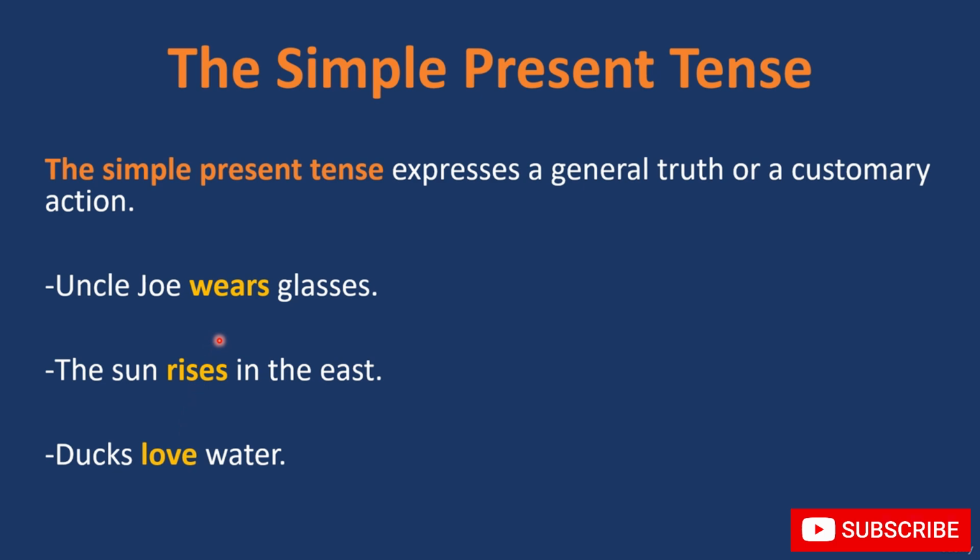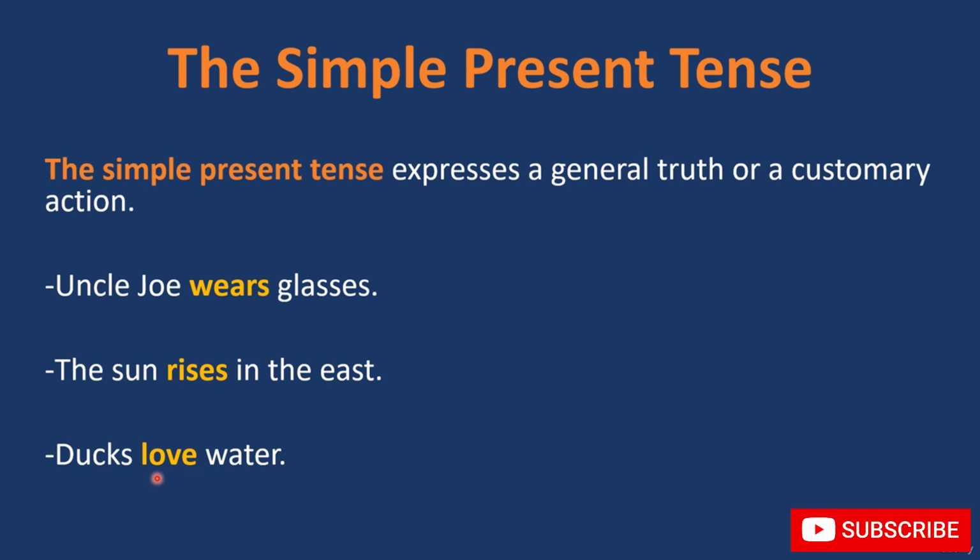All of you remember what the pronouns are. The pronouns are I, we, you, they, he, she, it. If I start with I, we, you, they, we write the verb as it is. And also when we have a plural noun, we use the verb as it is. For example, here we have ducks love or they love, no change.